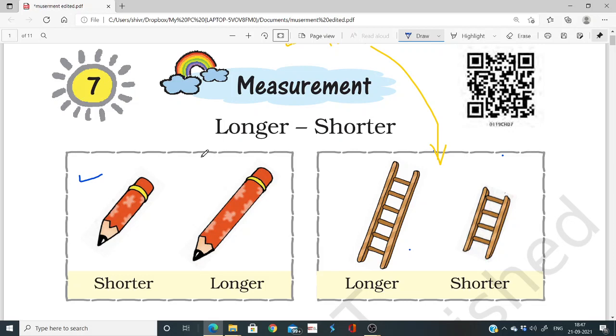Here you can see two pencils, and here are two ladders. How can we decide this is shorter and this is longer? Already we have given here, this is shorter and this is longer, but we have to decide which is shorter and which is longer. For that we have to use measurement.